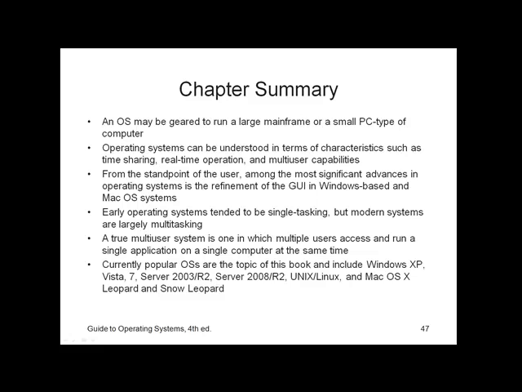Early operating systems tended to be single-tasking, but modern operating systems today are largely multitasking. A true multi-user system is one where multiple users access and run a single application on a single computer at the same time. Some operating systems are multi-user and some are single-user.